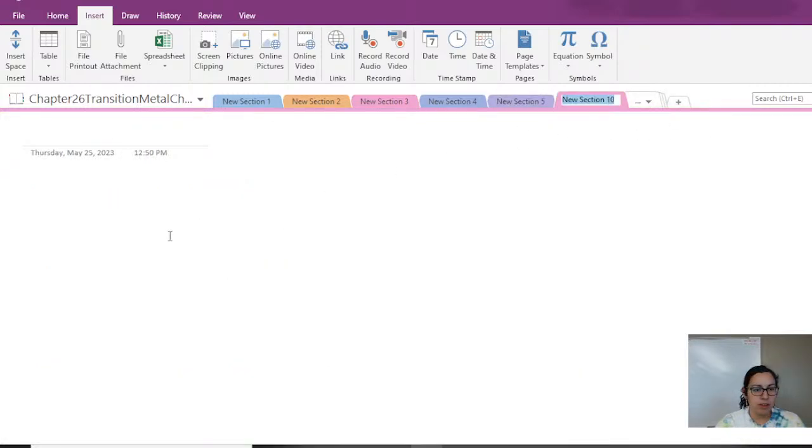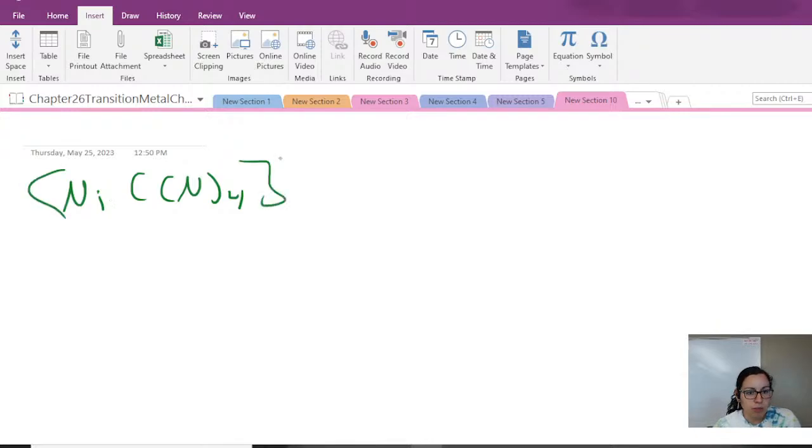We're almost out of time, so let's look at one example. Let's look at this nickel tetracyanide species. Overall it has a -2 charge, and it is square planar.